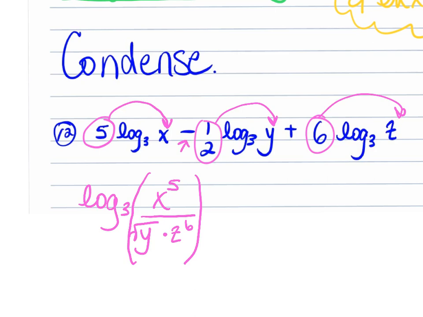Yes, Ryan. If you put x to the fifth over the square root of y in a parenthesis, and you have another parenthesis times that, as long as z to the 6 is... Oh, wait. You had it like this? Yeah, but there's a bigger parenthesis.